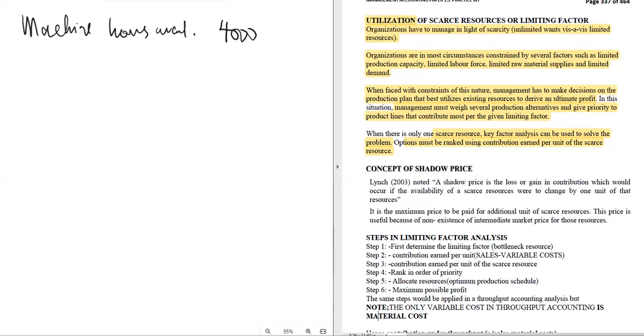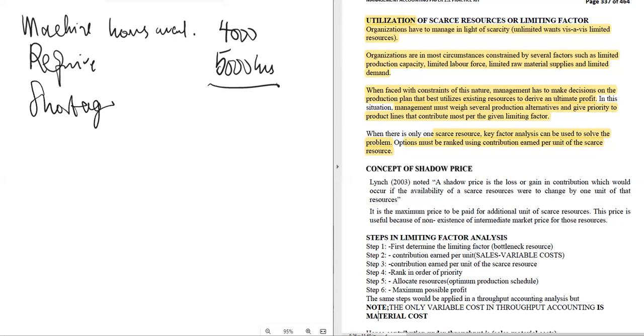The whole principle about limiting factors is, if during the period you have 4,000 machine hours available to use, and you require 5,000 hours for production, that means you have a shortage of how much? You actually have a shortage of 1,000 hours.